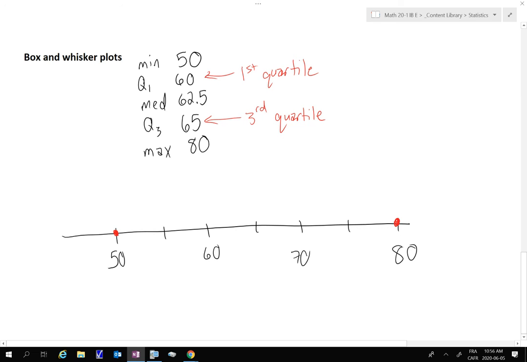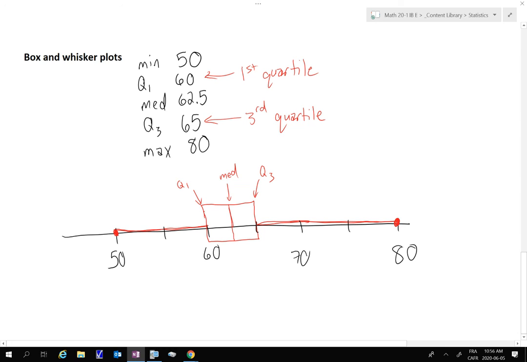The box covers Q1, median, and Q3. So from Q1 to Q3, I draw a box. And at the median, I draw a line in the middle of that box. So the box contains the middle half of the data. And then I draw the whiskers, so the lines, out to the minimum and maximum. So that is a box and whisker plot.